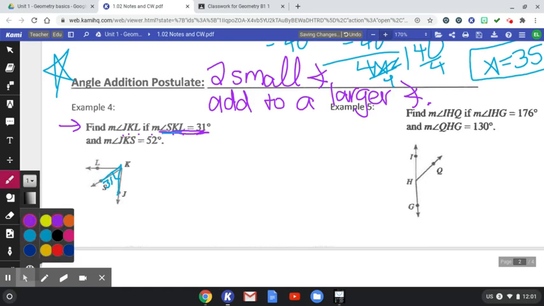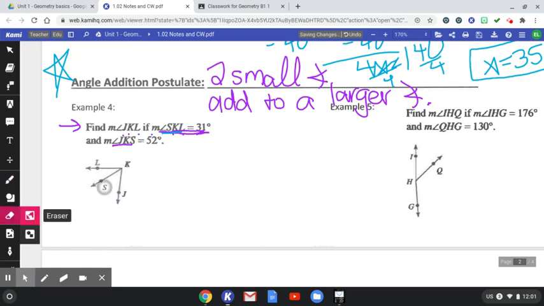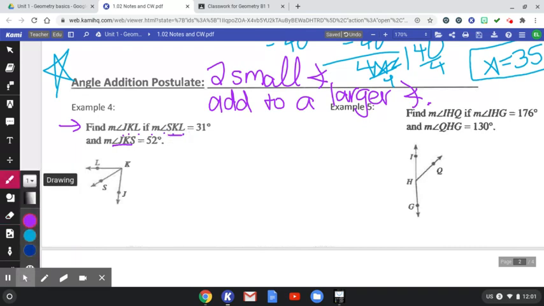And it also reads that JKS... Miss Locke, I forgot the last letter. Let's try this one again. SKL goes this direction. SKL. There we go. That angle is going to be 31.